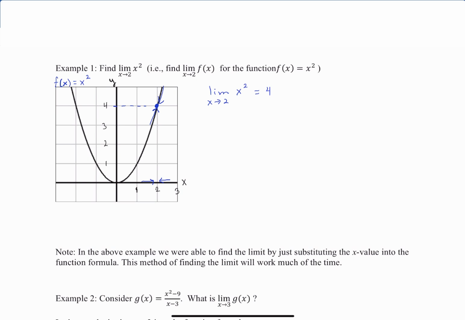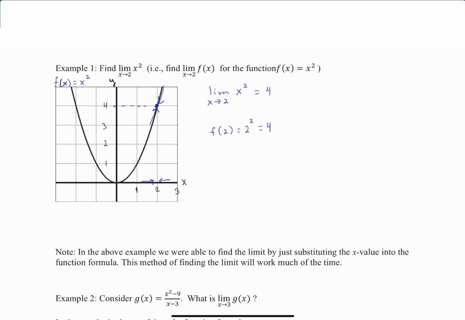So my function formula is x squared. So if I put in the 2 in there, I get a 4. That's why that point 2, 4 is on the graph, and that's why we're approaching y value 4 as we move along the graph there.